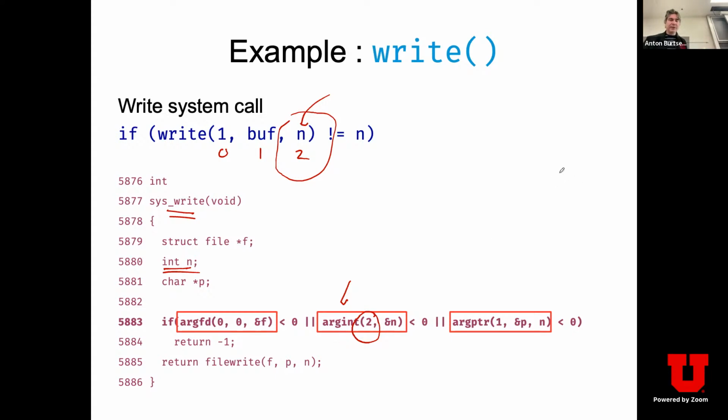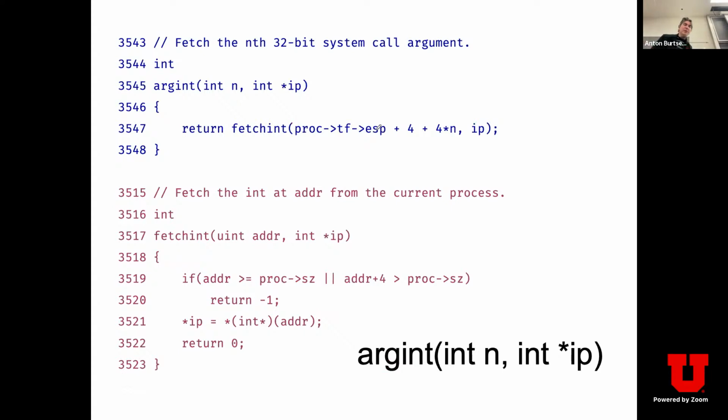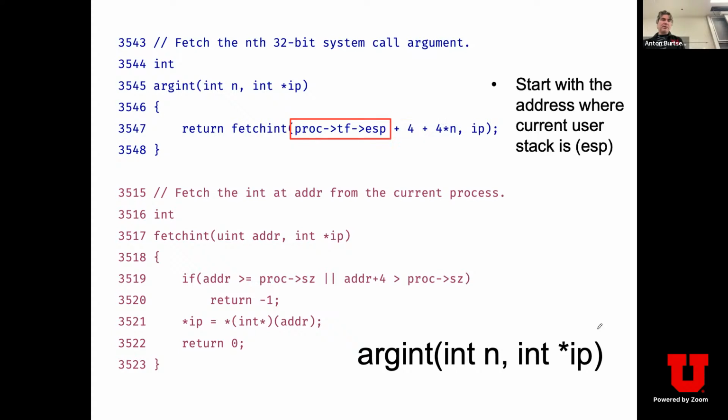Don't forget that we're currently running on a kernel stack, and those things are saved on a user stack. And so the kernel implements this set of helper functions, right? For example, the one which fetches an integer works in the following manner. It uses yet another function, fetchint, but it says, by the way, fetch me something from the user stack. So here they start from the user stack pointer itself, right? Because it's on a trap frame. And we say, look, I know where it is. So it's on a trap frame.